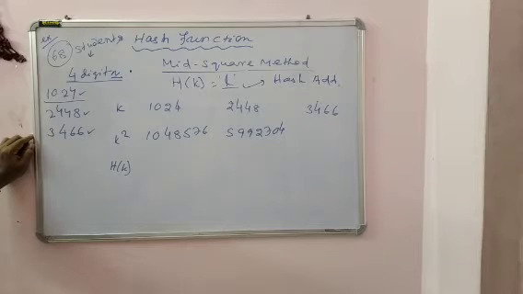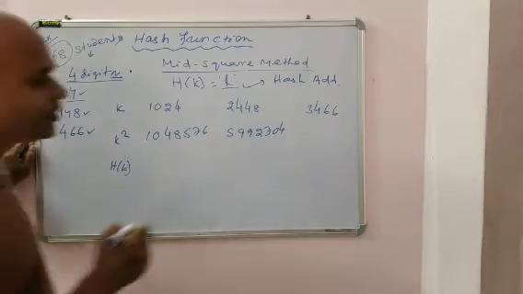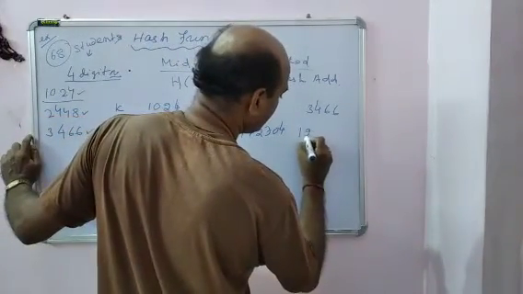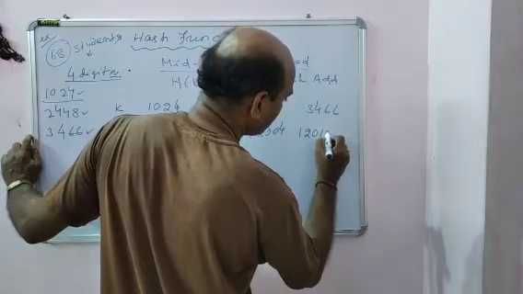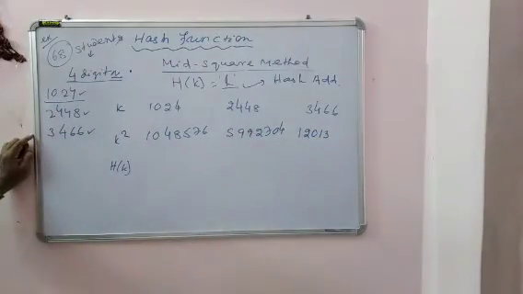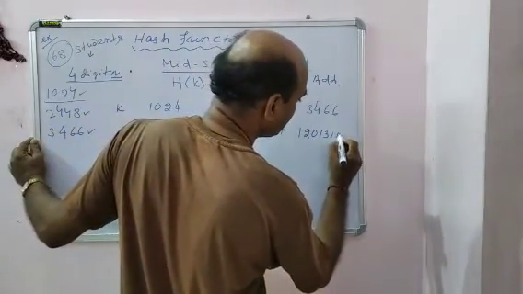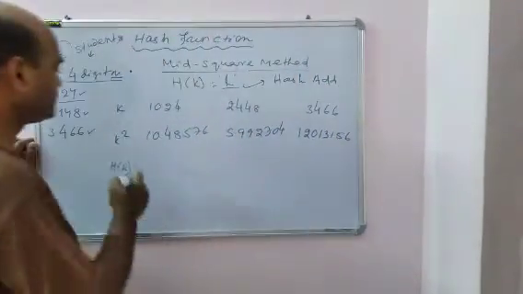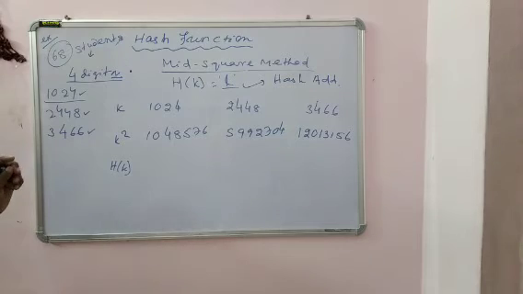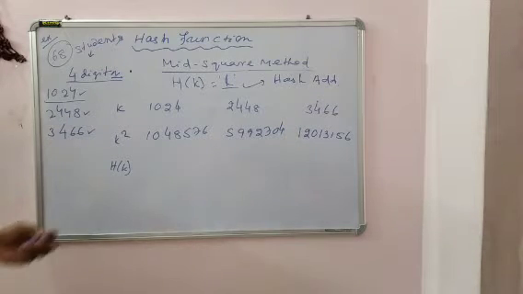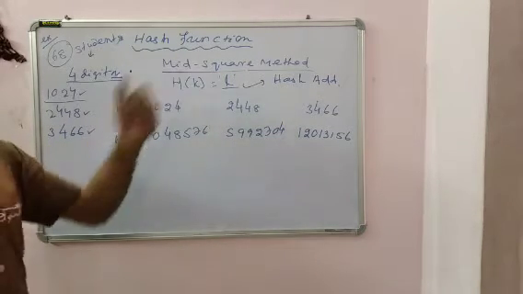Similarly, for the key value 3466, the square will be equal to 12013156. This is the k square. Now we can apply the mid square method.